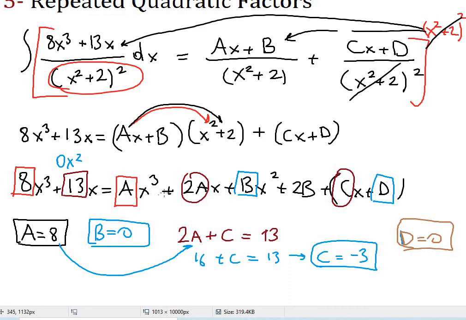Now we know the a, b, c, and d values, so we can directly place them. a is 8, b is 0, d is 0, and c is negative 3. So here we get 8x over this factor and negative 3x over this factor.